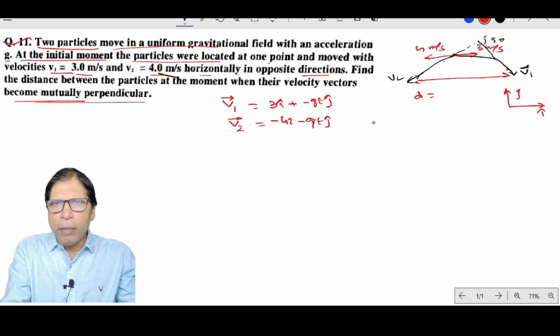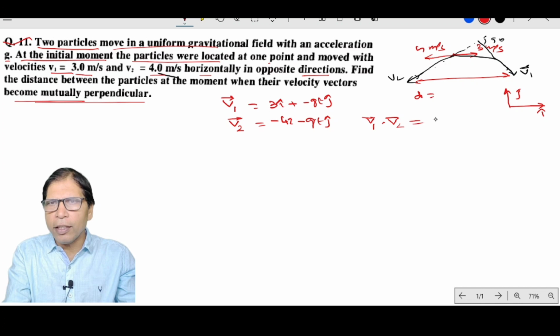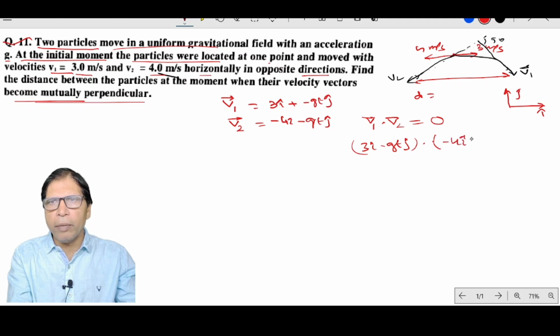As v1 vector and v2 vector are perpendicular to each other, v1 vector dot v2 vector equals 0. Now v1 vector is 3 i cap minus gt j cap, dotted with minus 4 i cap minus gt j cap, equal to 0.